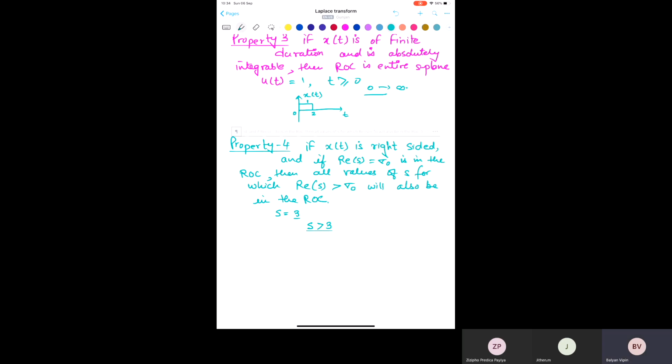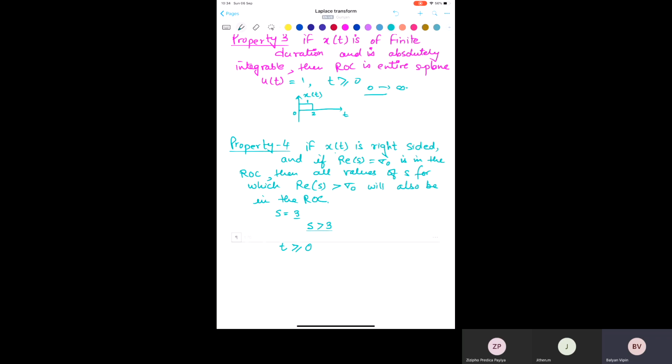If I have an ROC which contains 3, then 3.1, 3.2, 3.4, or even smaller ones like 3.02, or 4, 5, 6, will also be in the ROC. The condition is that x(t) is right-sided. Right-sided means that it exists for t greater than or equal to 0.